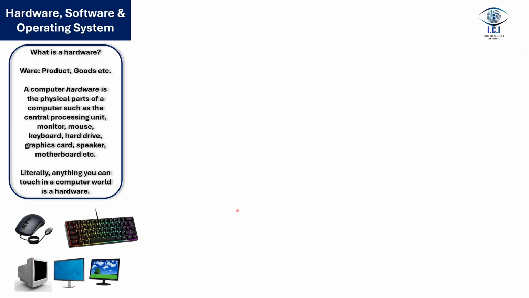When you touch your keyboard, it is a hardware. When you touch your mouse, it is a hardware. When you touch your monitor, it is a hardware. Anything at all, your printer is also hardware, your speaker is hardware. So that is just the literal definition of hardware. Anything that you can touch on a computer is known as hardware.